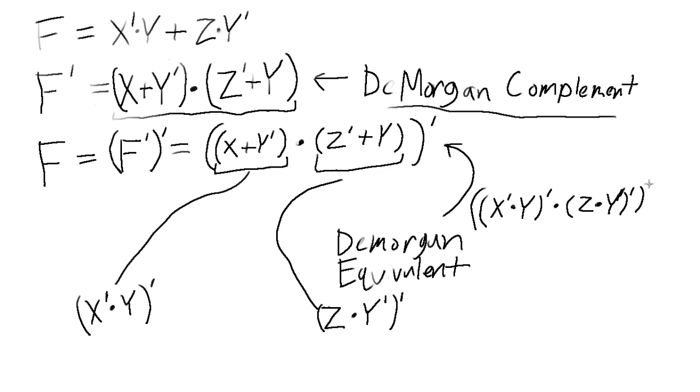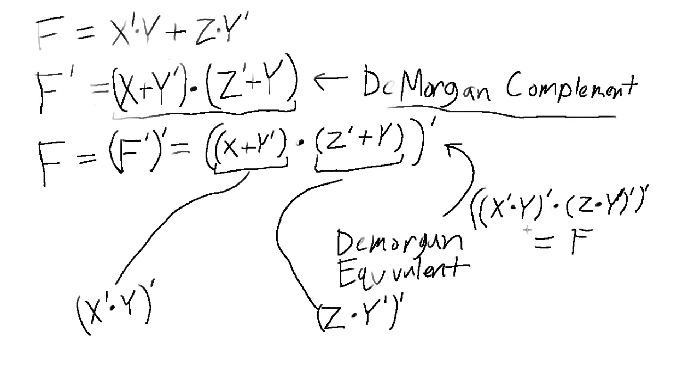We have our prime right here. So this is still equal to f. This term here is still equal to f, but now we're only using ANDs and NOTs.